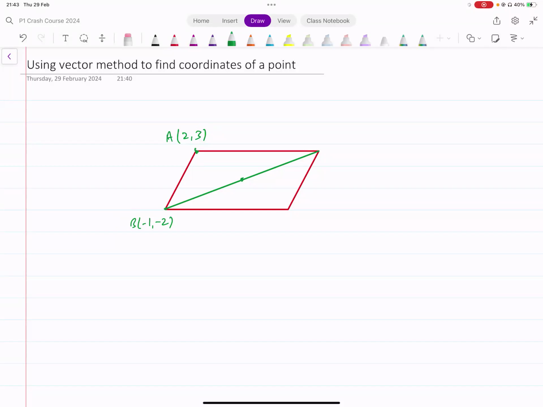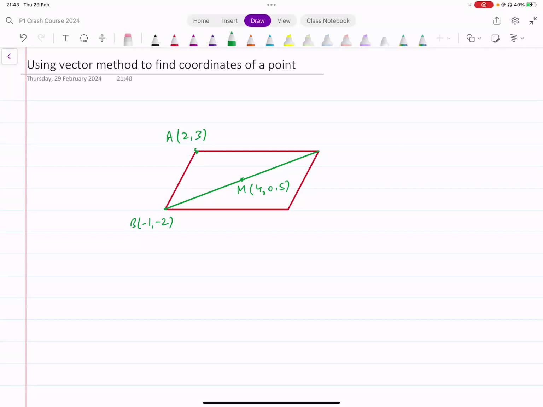Let's suppose we know the midpoint here. This is point M of this diagonal, and let's say that midpoint is (4, 0.5).